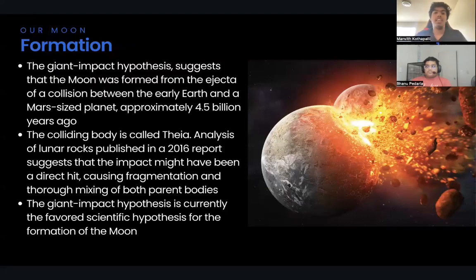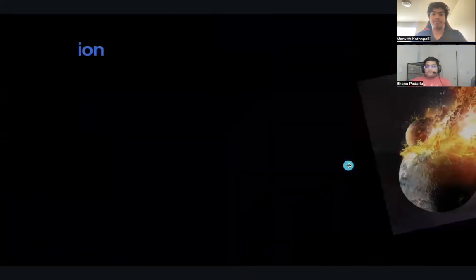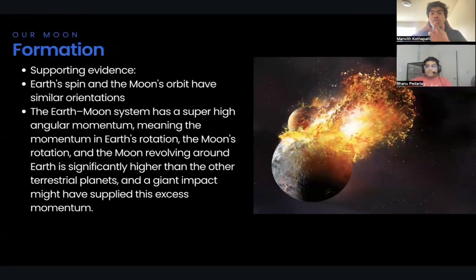Supporting evidence includes the Earth's spin and the moon's orbit having similar orientations. The Earth system contains an anomalously high angular momentum, meaning that the momentum contained in the Earth's rotation, the moon's rotation, and the moon revolving around the Earth is significantly higher than other terrestrial planets. A giant impact might have supplied this excess momentum.